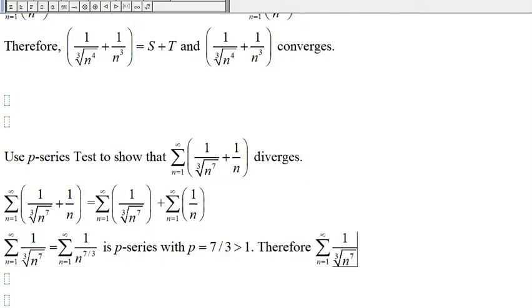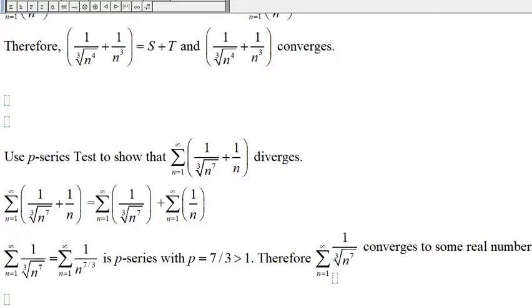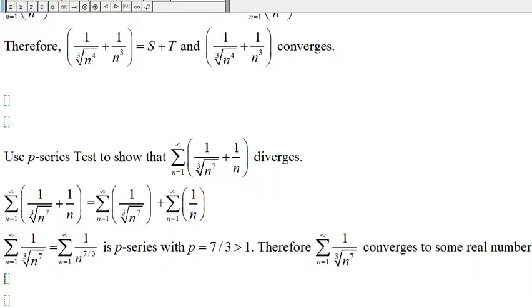This series right here converges to some real number S.